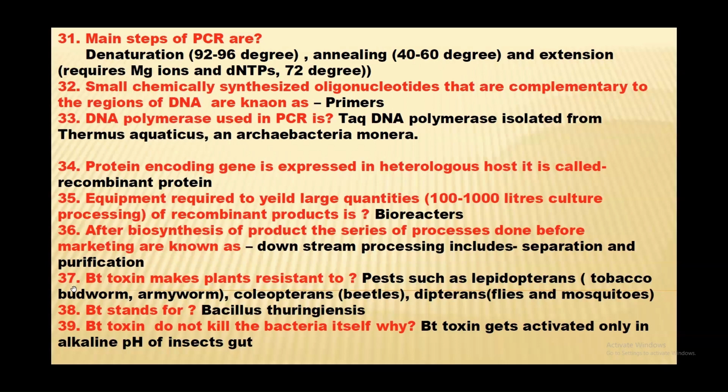The 37th one. Bt toxin makes plants resistant to pests such as lepidopterans (tobacco budworm, armyworm), coleopterans (beetles), and dipterans (flies and mosquitoes). This is also an important point.